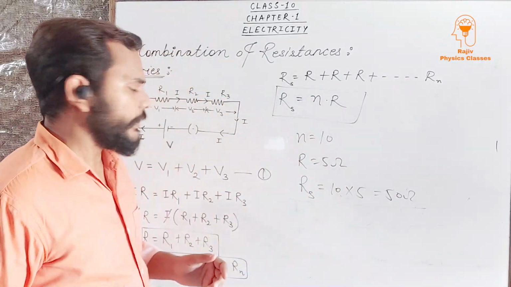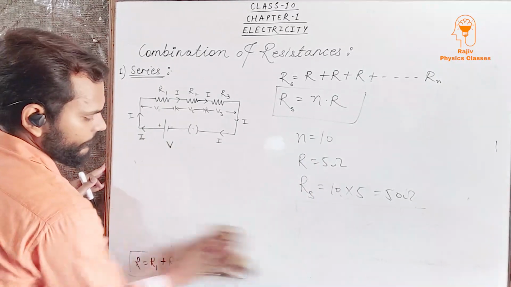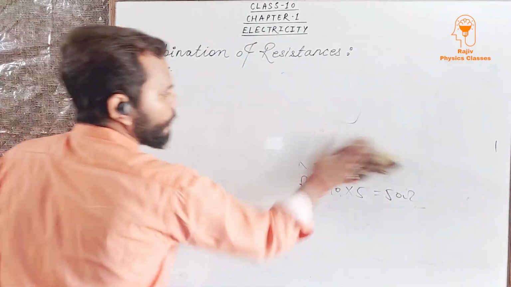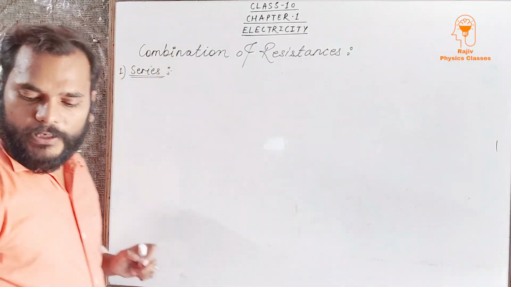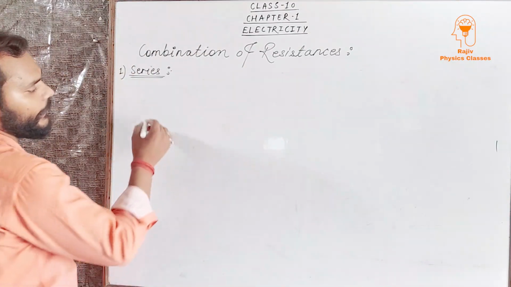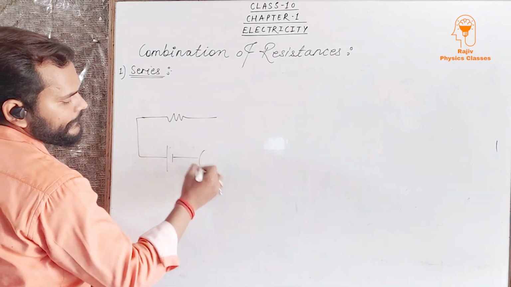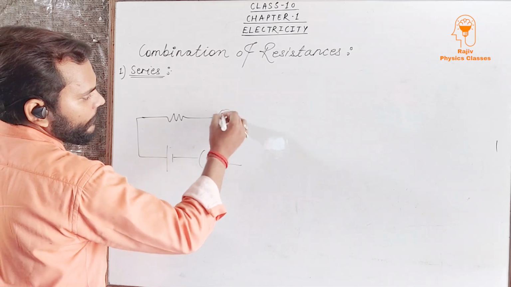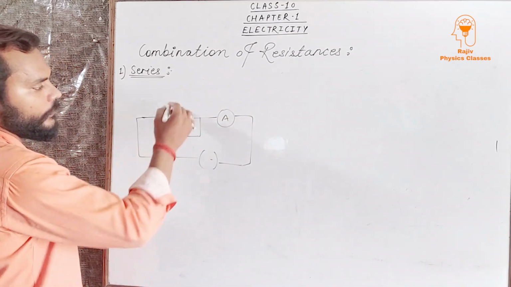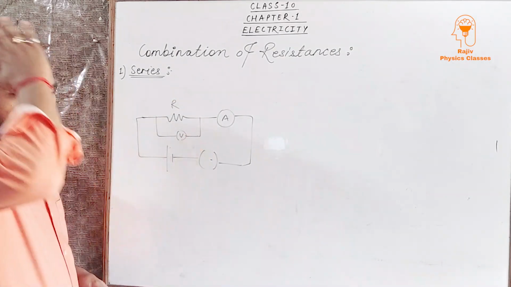For example, if I draw a circuit diagram here, when you experimentally verify Ohm's law, then only you will come to know. Here I have taken a resistance. This is the correct way of connecting the voltmeter as well as the ammeter.